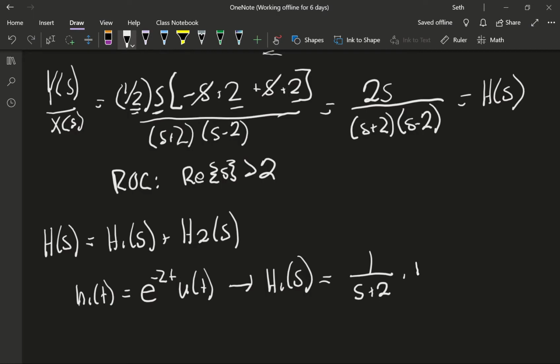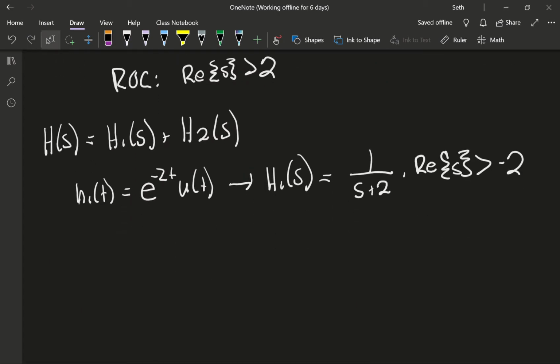This will converge for values where the real part of s is greater than minus 2. So now, we're trying to find h2 of s, so h2 of s equals h of s minus h1 of s.